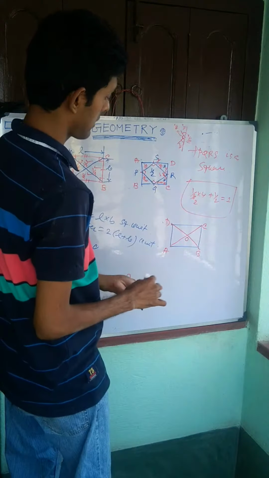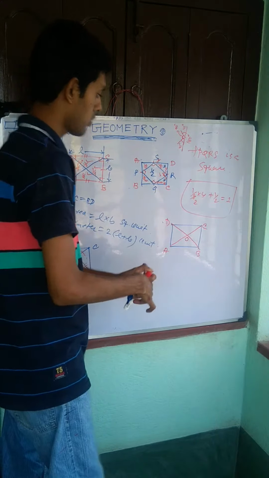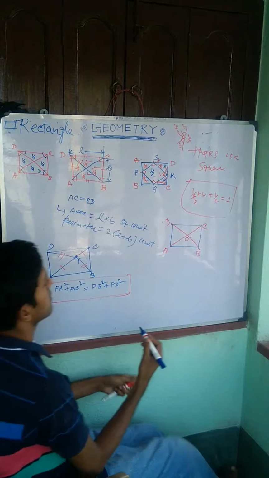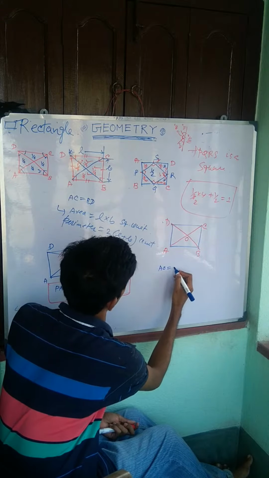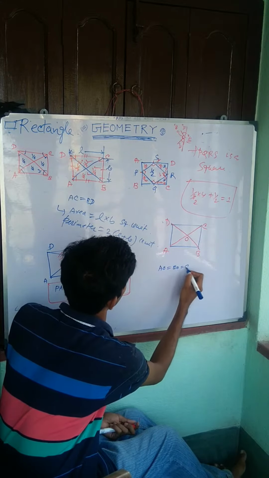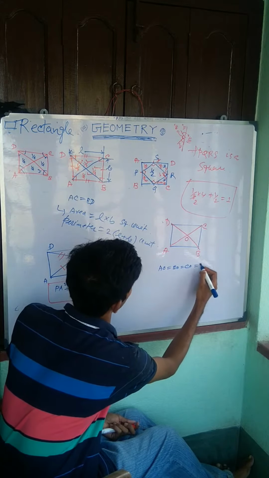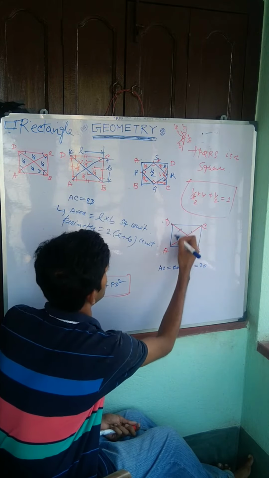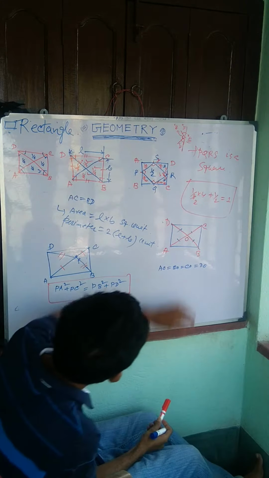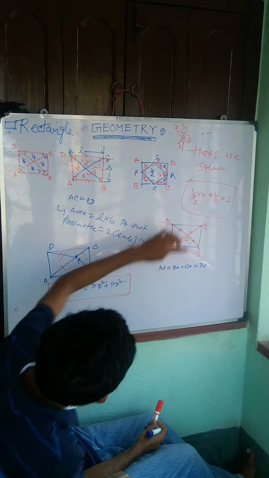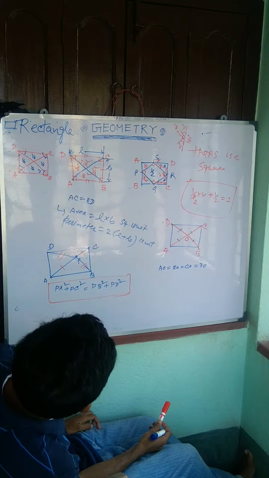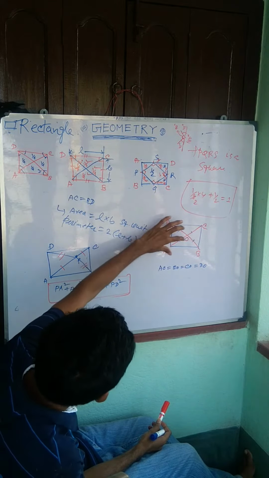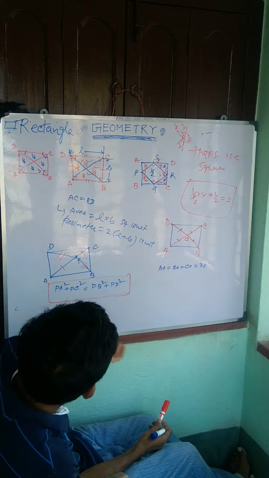These diagonals meet at the point O. In a rectangle, they bisect each other. AO equals BO equals CO equals DO. All are equal because the diagonals are equal.